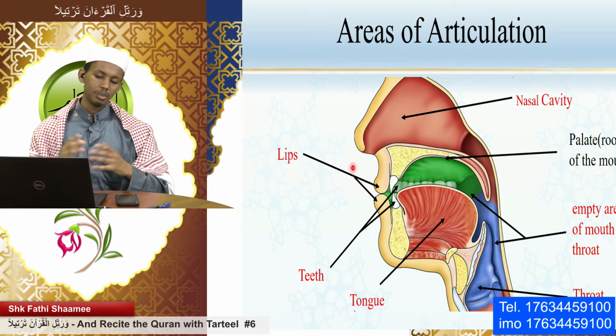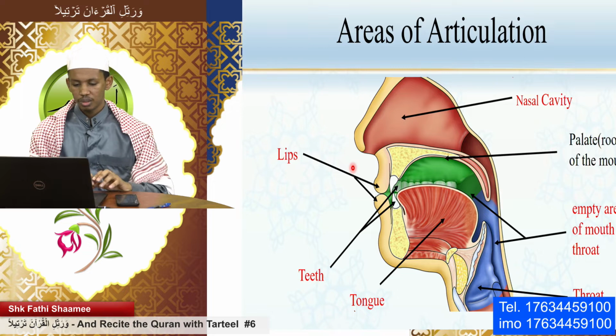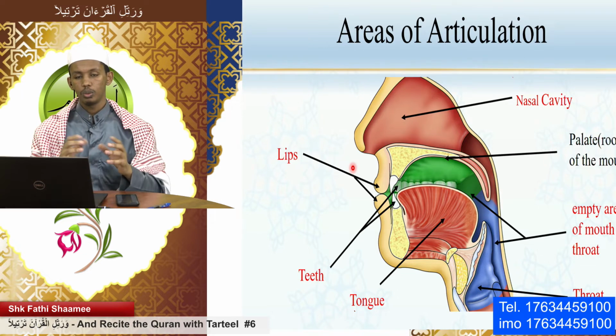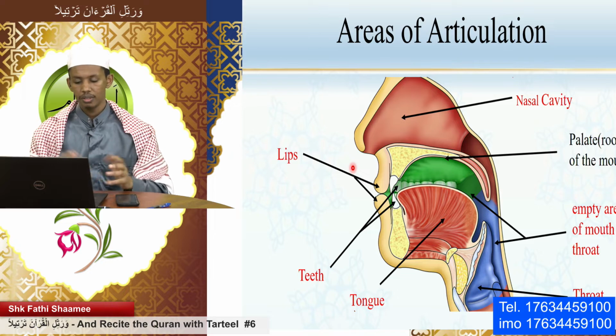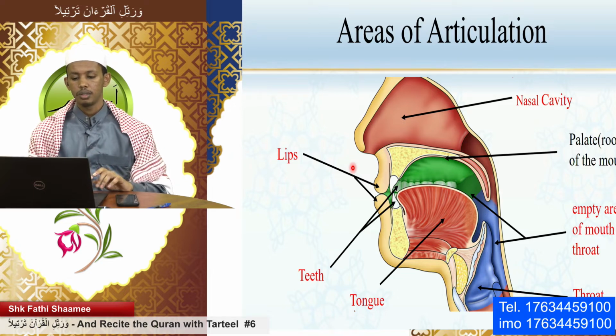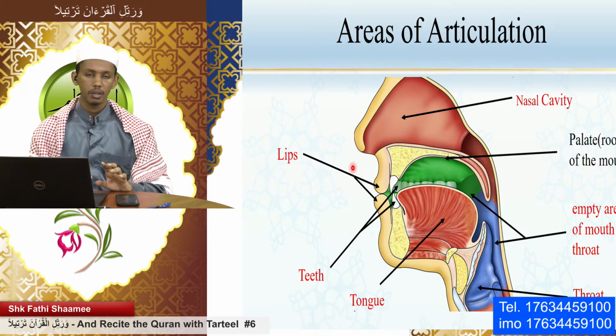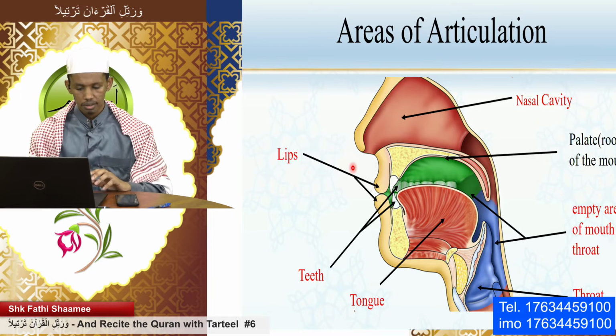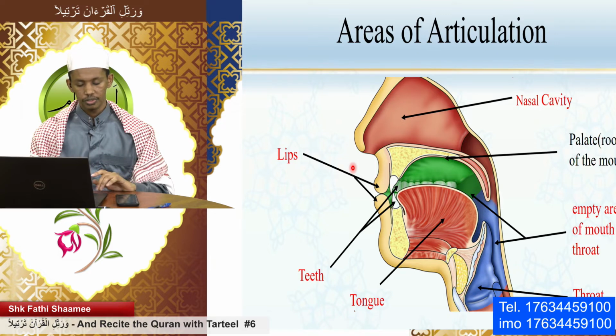Now, as to the number of the articulation points, the scholars actually differ. The number we will be using is 17, which is the number Ibn al-Jazari rahimahullah ta'ala uses. He says, مخارج الحروف 17 على الذي يختاره من اختبر. That the number of articulation points is 17. Some scholars say it's 16 or 15, 14, and so on.